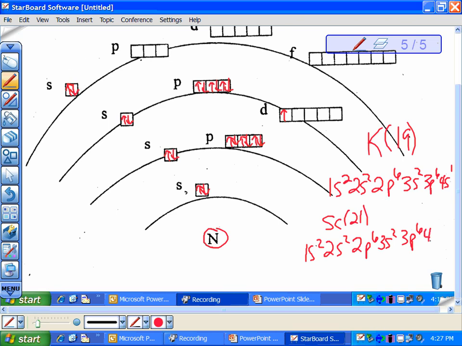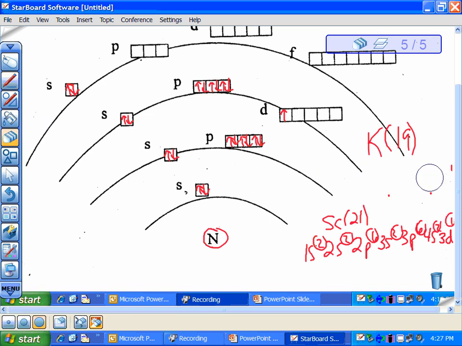It becomes 4s2, and it becomes 3d1. Again, I can add these numbers up and see if they equal 21. If they don't equal 21, then I've done something wrong.